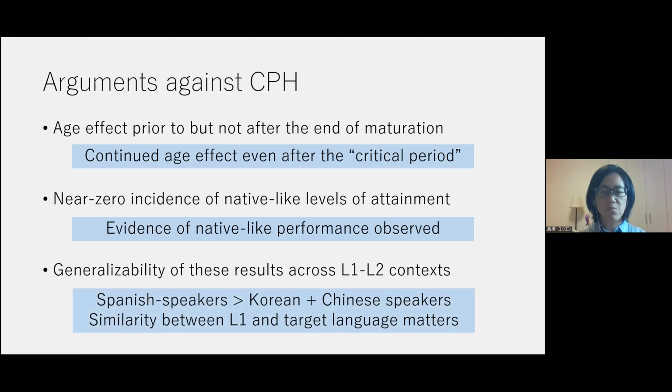However, in Birdsong and Molis, they actually found that their Spanish native speakers perform much, much better than the Korean and Chinese native speakers in Johnson and Newport. So they suspect that maybe the similarity between L1, which is Spanish, and the target language L2, which is English in this case, makes a difference. So it's not universal, as Johnson and Newport would argue.